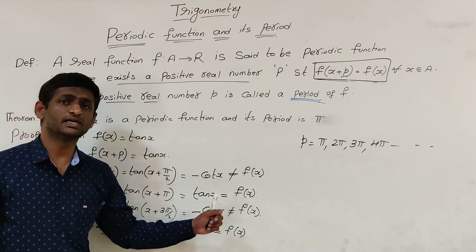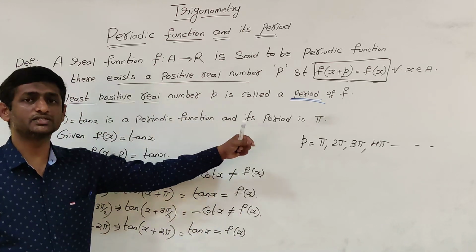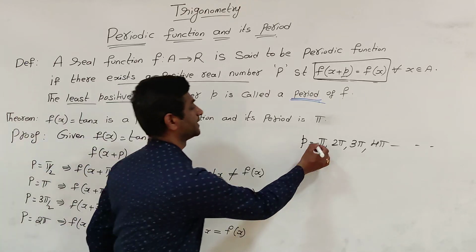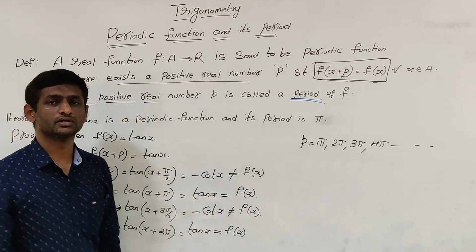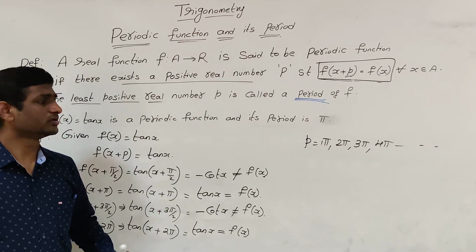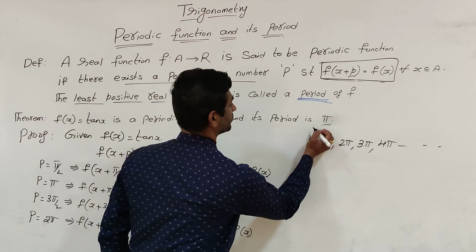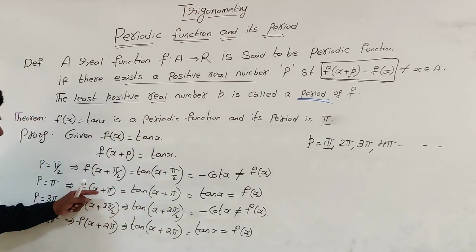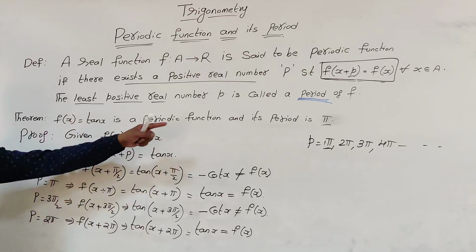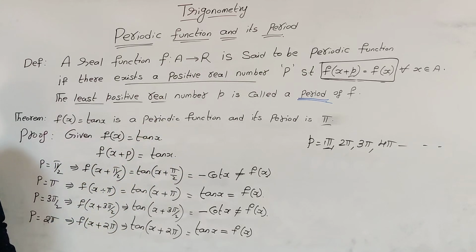But among pi, 2 pi, 3 pi, the least real number is pi, 1 pi. So that pi is called the period of the function. So the period of the function is pi, as p is positive and it is the starting, fundamental period. So pi is the period of tan x. Now we'll see it using the graph also.